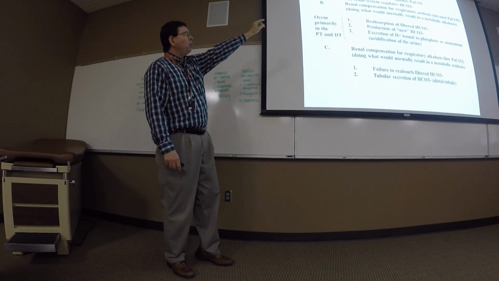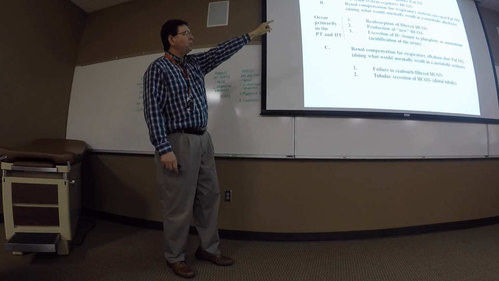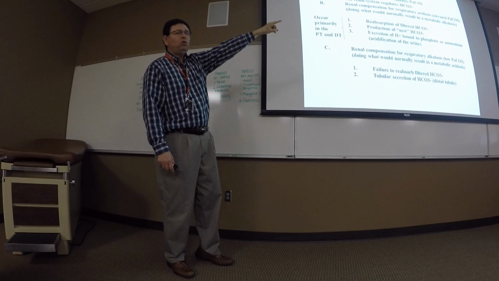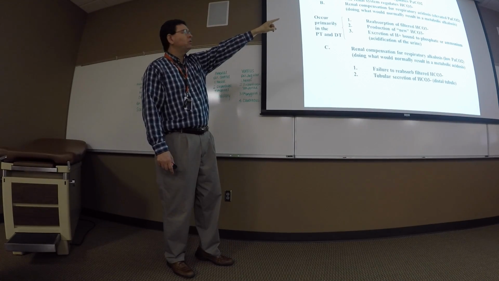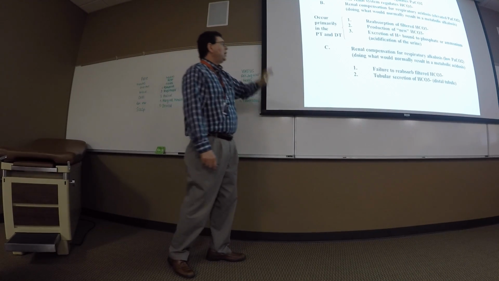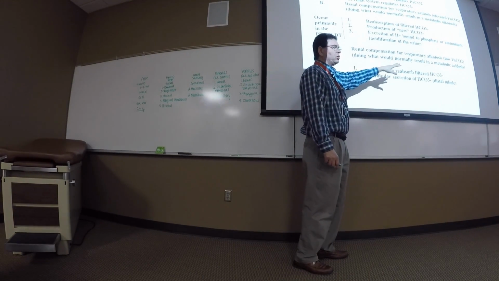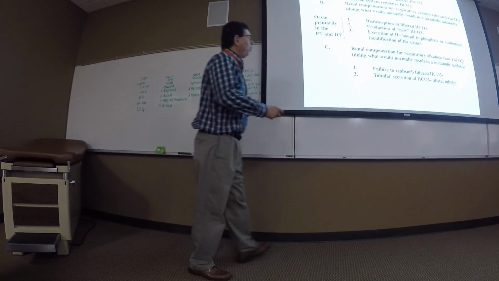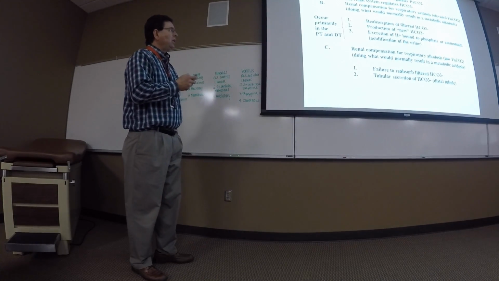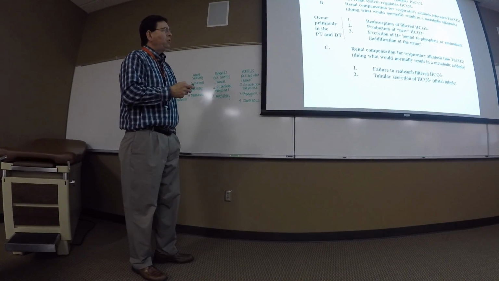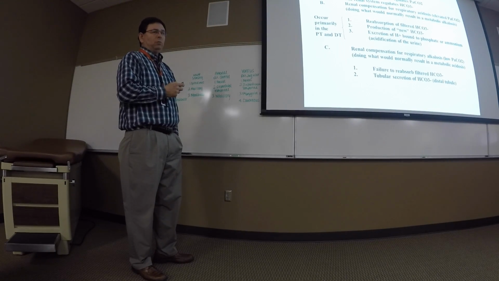Now B is, what's the renal compensation for respiratory acidosis? Having too much arterial CO2. That's what B is. C is the renal compensation for respiratory alkalosis. Okay. So how do the kidneys compensate if you have a respiratory problem?